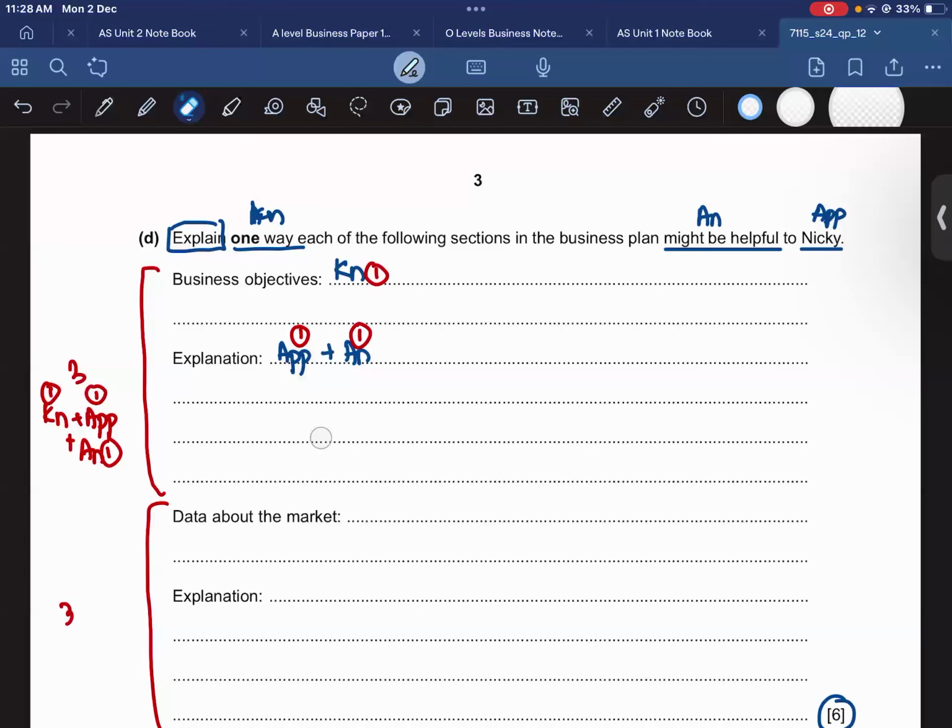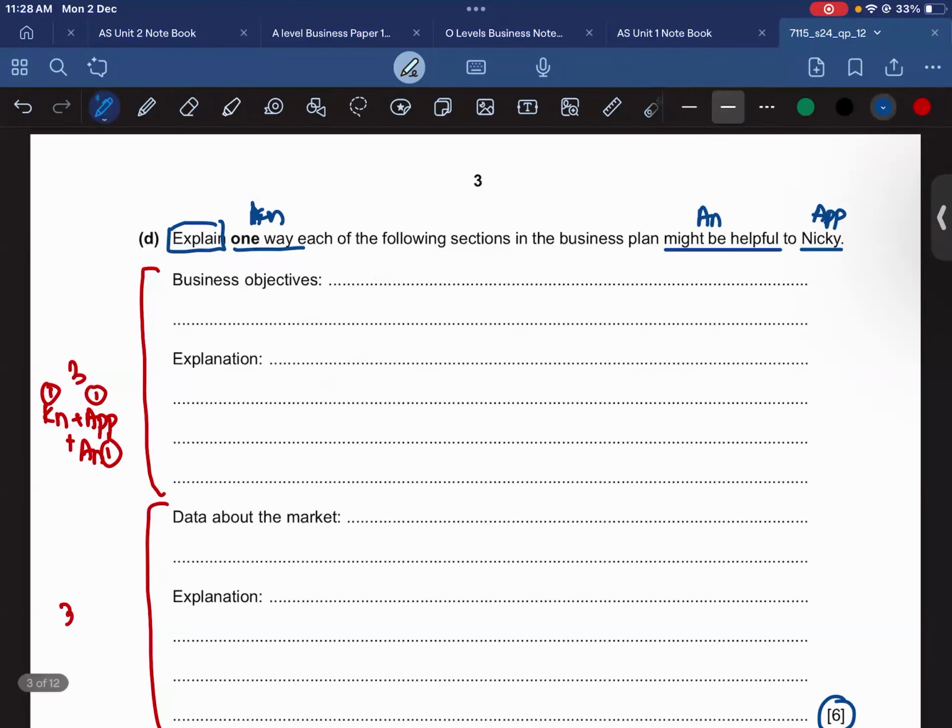All right. So now let's write how each section might be helpful for the business. So if business objectives are written in the business plan, it can give a role, a direction, a target to the employees, and she can use this to monitor the progress of the employees to see whether they are highly motivated or not.